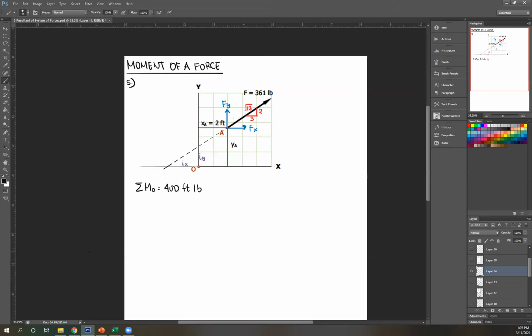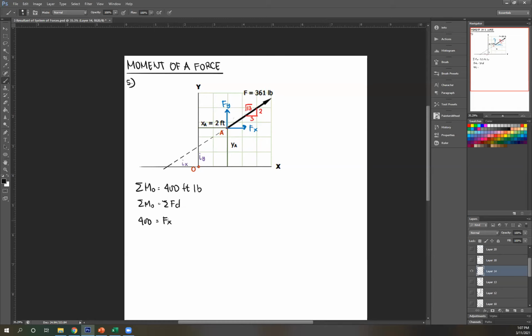So summation of moment at O here. Let's start with Fx. So Fx rotated about O, that is clockwise, so positive Fx. Let's rewrite it this way, and then summation of moment at O equals 400.